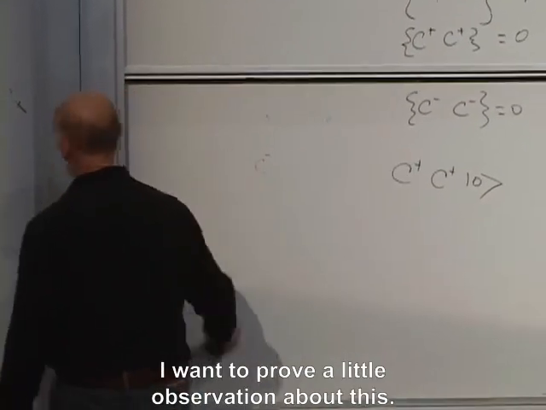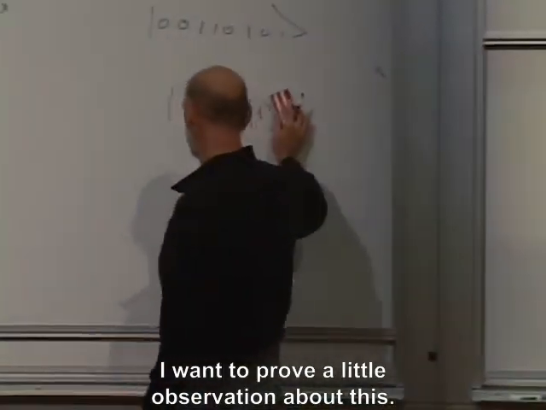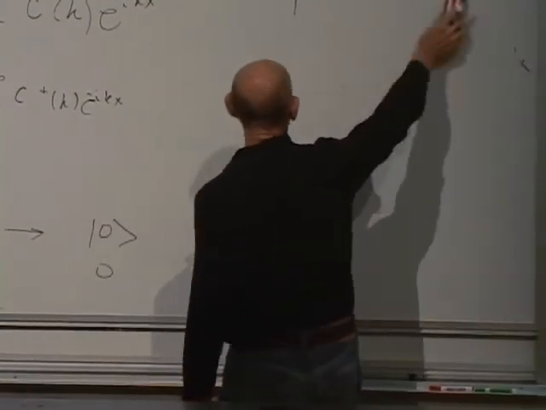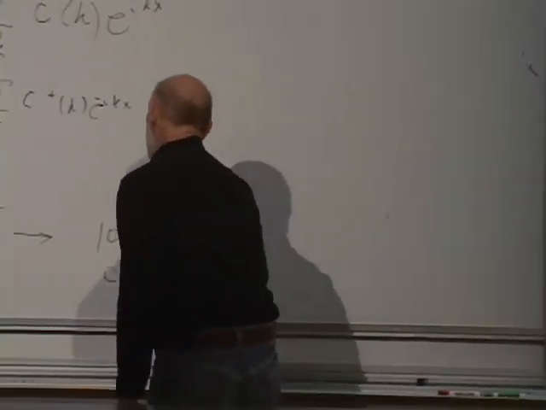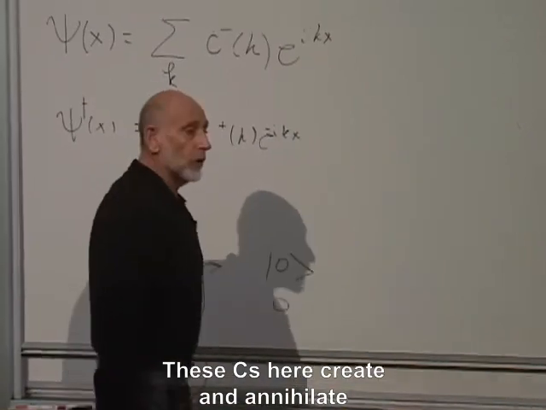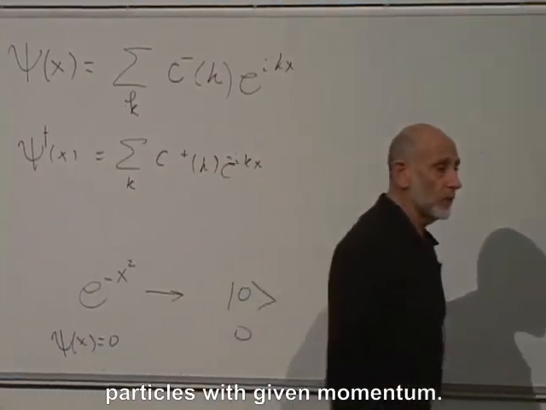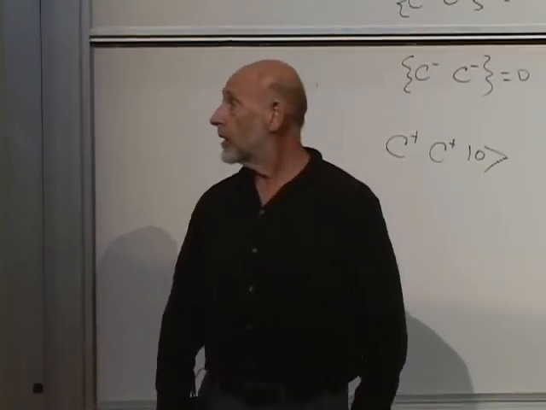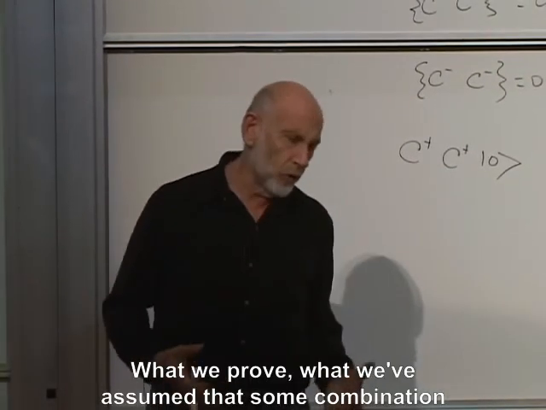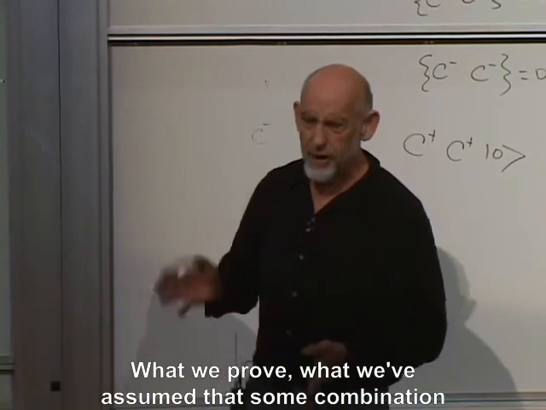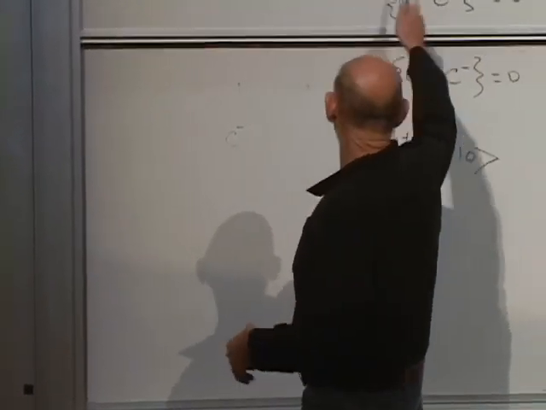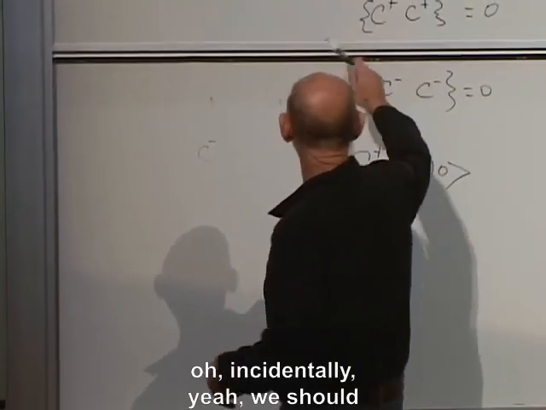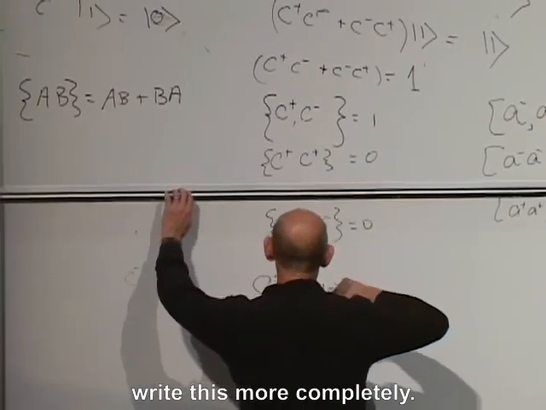I want to prove a little observation about this. These C's here create and annihilate particles with given momentum. All right. What we've assumed, it's some combination of prove and assume, prove from these incidentally, yeah, we should write this more completely.